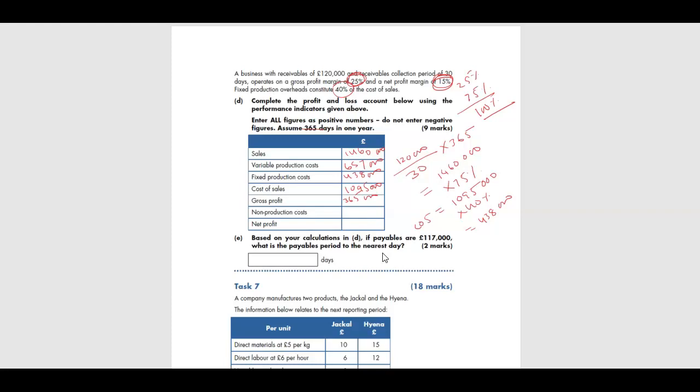Sales is 1,460,000 times 15% is the net profit. So if I write the 15% net profit, that is 219,000, and find the difference, that will give us the non-production cost, 146,000. So this question is linked to every single piece of information we have to each other.